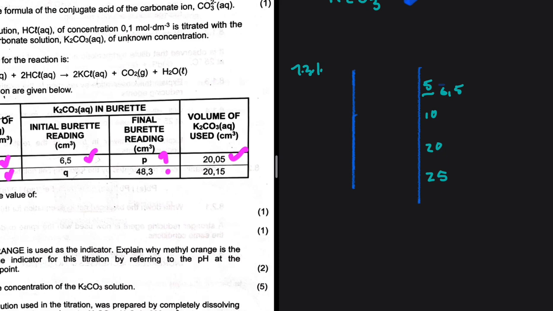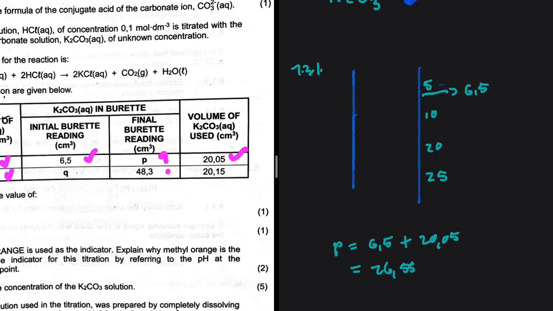Well, we just say that P is equal to 6.5 plus 20.05. So let me just put that in my calculator. 6.5 plus 20.05. I'm getting 26.55.